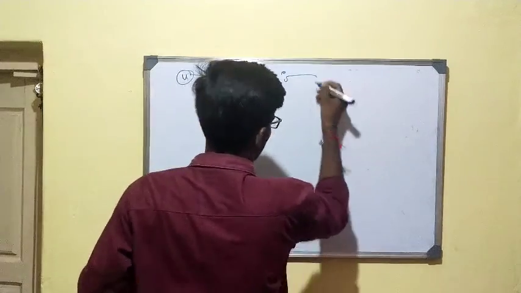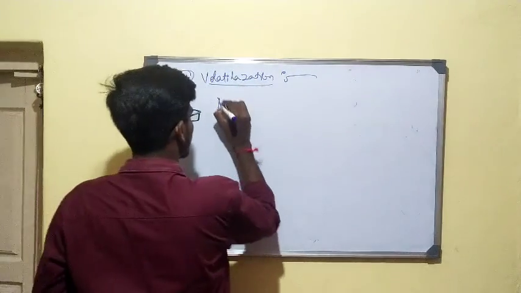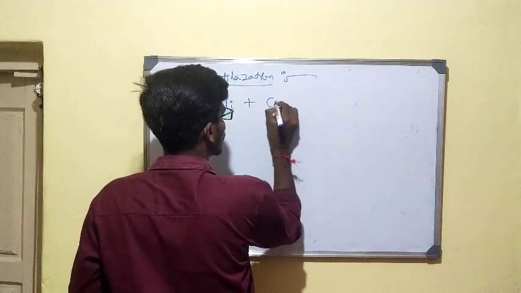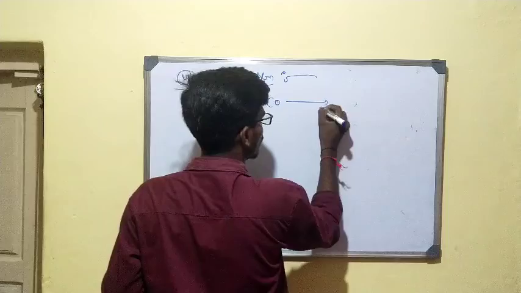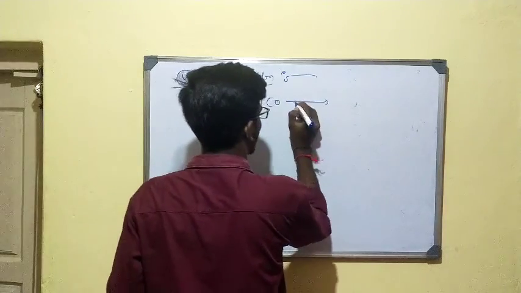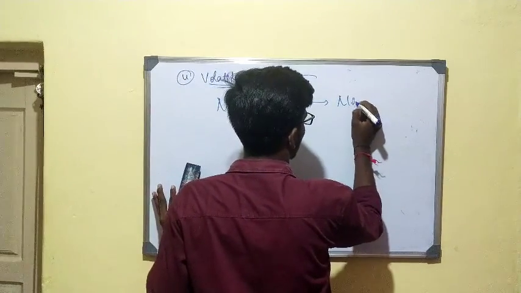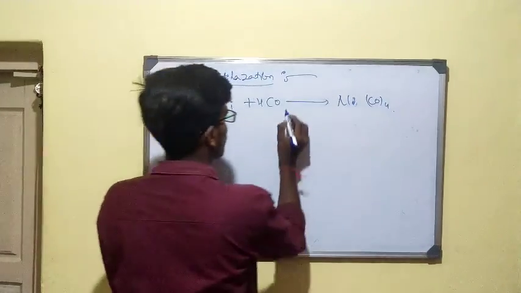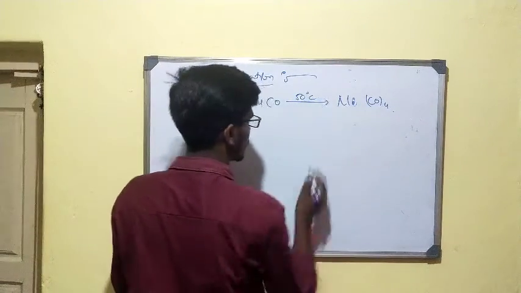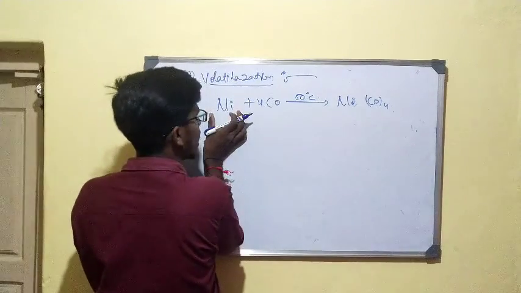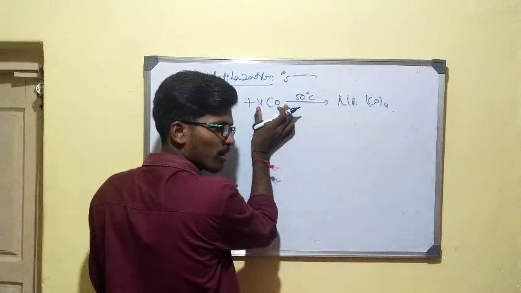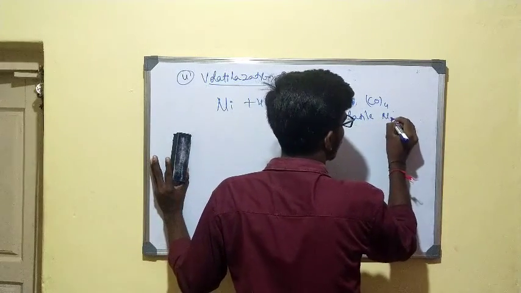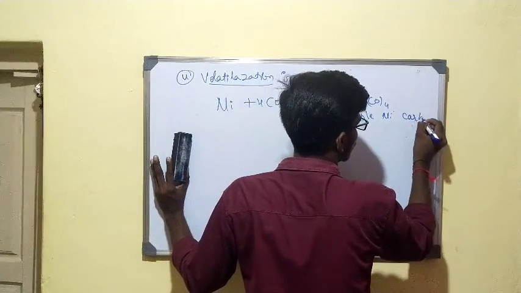In volatilization, the nickel obtained after reduction is made to combine with carbon monoxide at a temperature of about 50 degrees Celsius, and that leads to the formation of volatile nickel carbonyl.